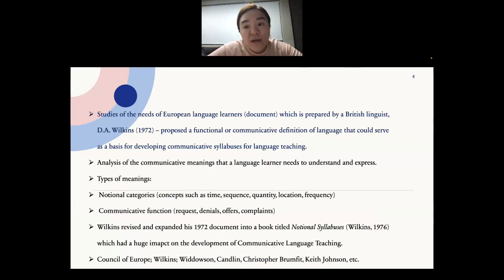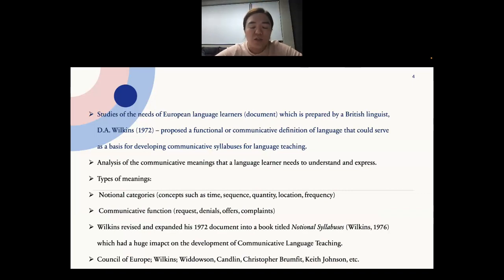And Wilkins revised this document, and he also expanded his 1972 document into a book titled Notional Syllabuses, by 1976, which had a huge impact on the development of communicative language teaching. Further, we can call CLT, okay, this method.